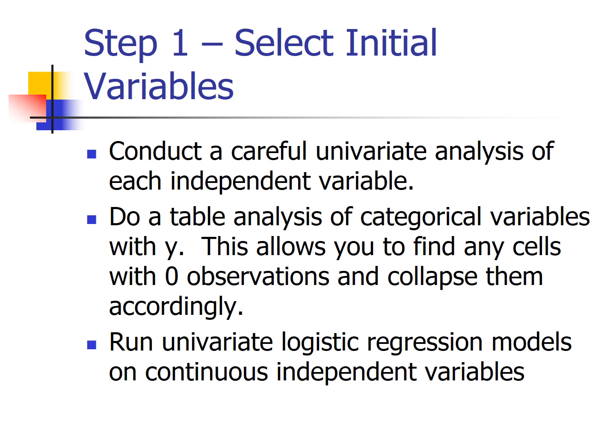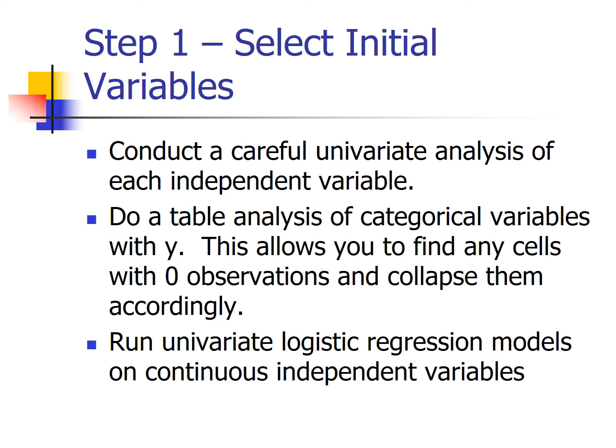So kind of just one at a time, right? Just the first x variable that's categorical, do a table of it with y, and look at that table. In particular, look for any cells that have 0 observations, because that can sometimes be problematic, and so we might consider collapsing cells.